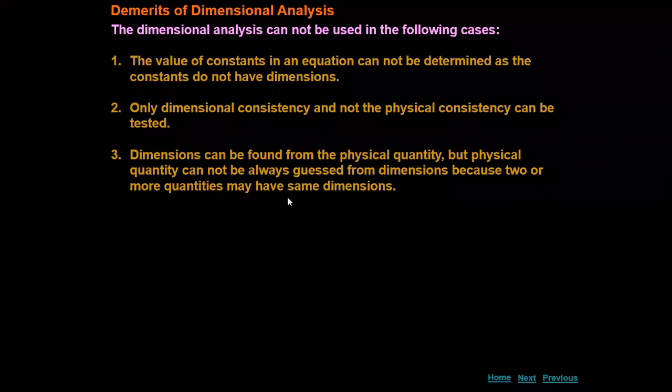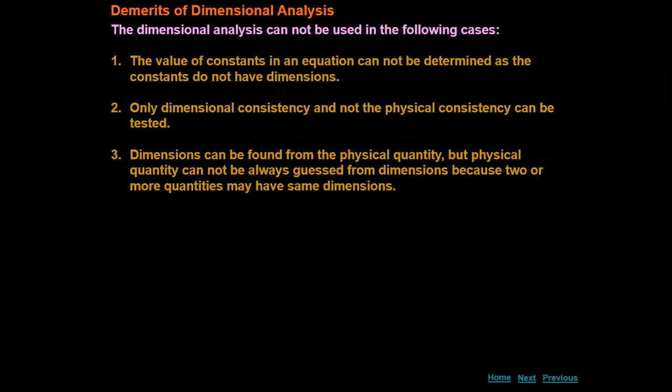Next, dimensions can be found from a physical quantity, but physical quantities cannot always be guessed from dimensions. If I have acceleration, we can write its dimensional formula, because we know acceleration is change in velocity by time, and we can write it as LT to the power of minus 2. If we have LT to the power of minus 2, we can say acceleration.